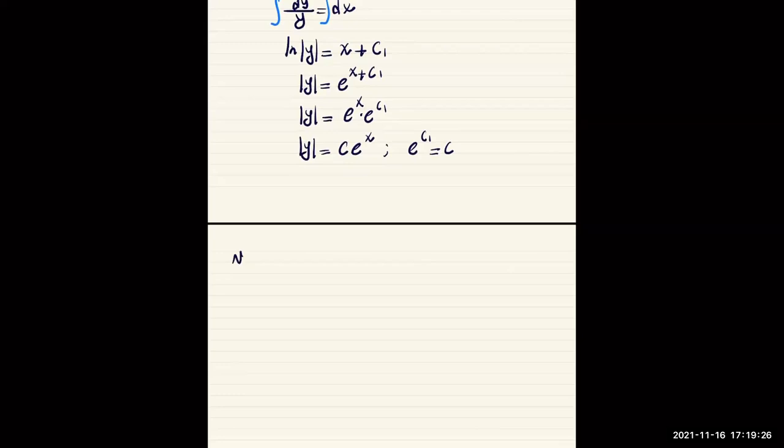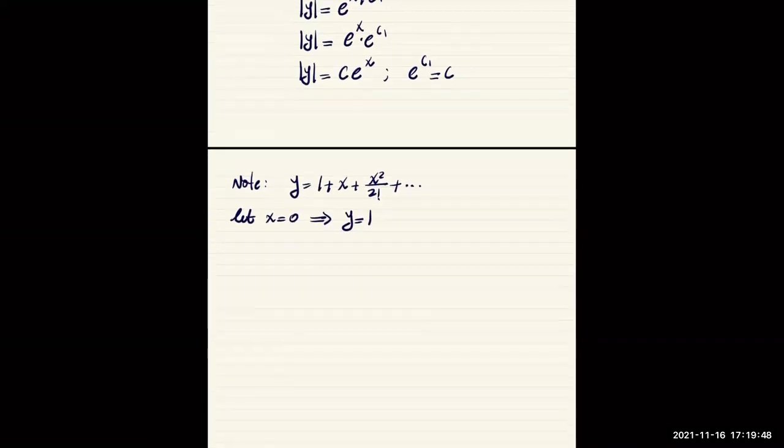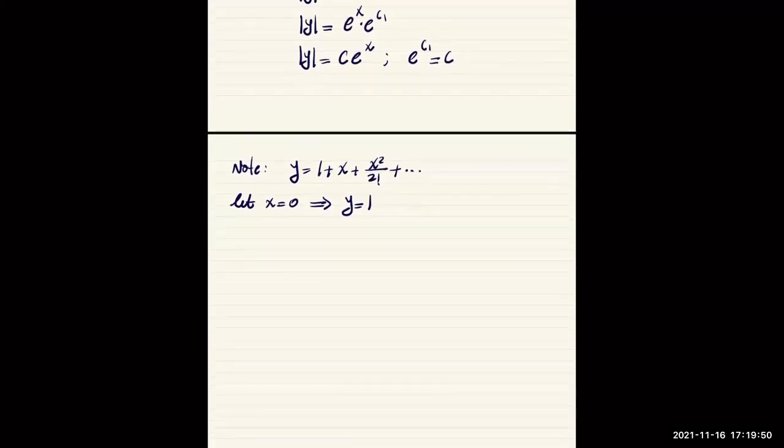So again, note that y is equal to 1 plus x squared, and so on. Okay, here let x be 0, then y is equal to 1. So 1 plus 0 it's just 1. When x is 0, y is equal to 1, notice that 1 is positive here, so I can drop the absolute value.